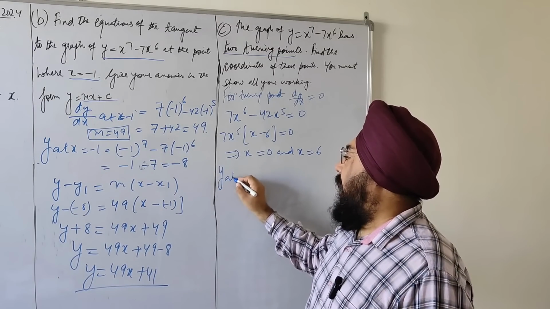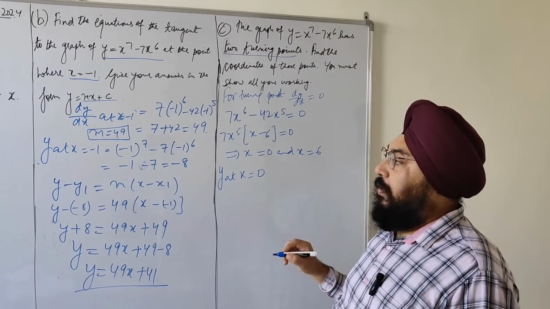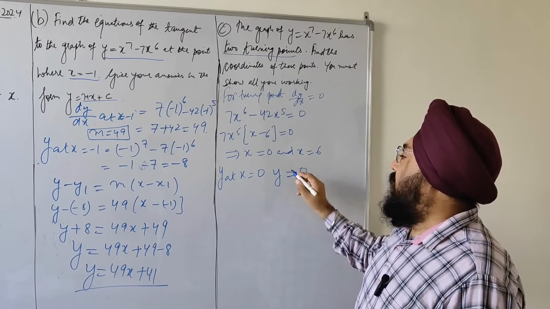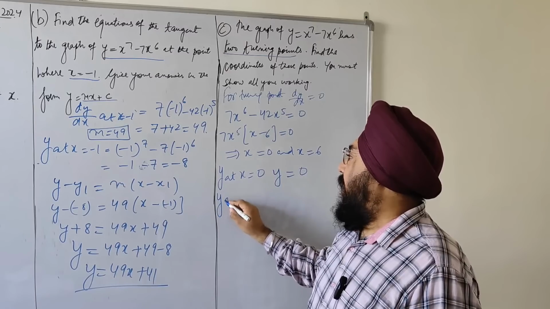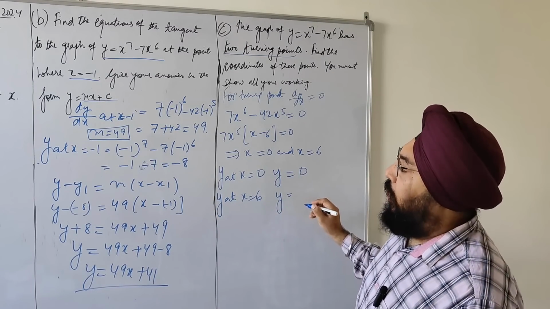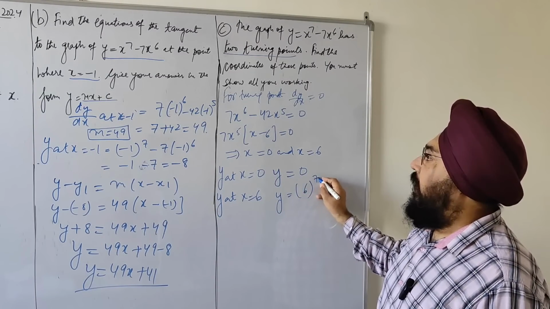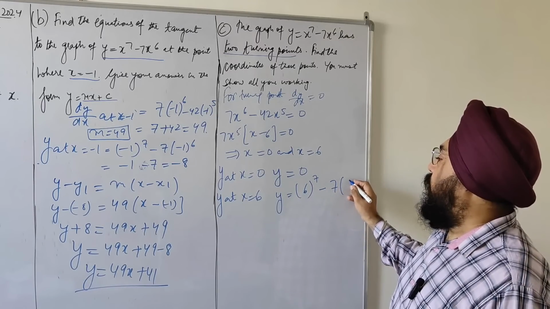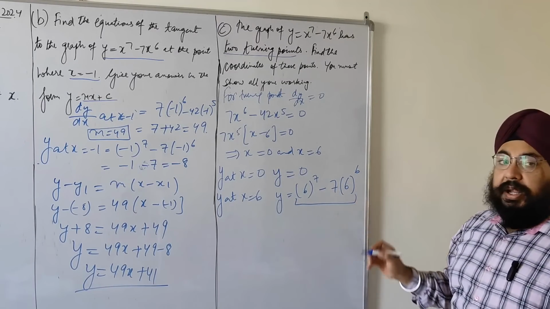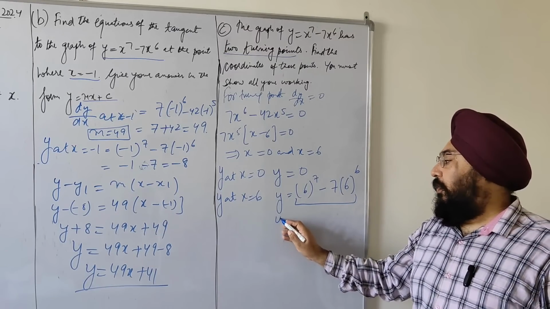Now y at x is equal to 0, we will be substituting x as 0, so we will be getting y as 0. Now y at x is equal to 6 will be equal to 6^7 minus 7 into 6^6. Now you can use a calculator and find the value of y.